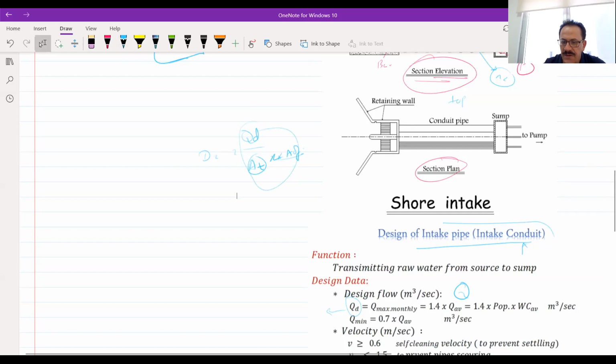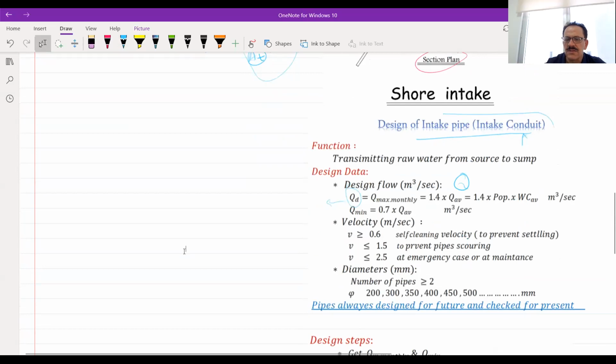So the first step is to find the design maximum monthly Q, Q M. This is the key one used for the design.